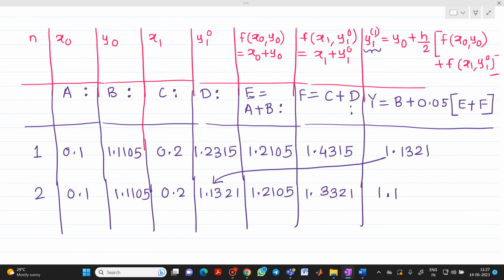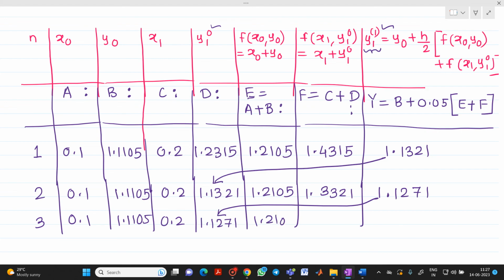At the end of iteration 2, you will get the answer 1.1271. Next, whatever answer of y1 of 1 is there, you use it as y1 of 0 in the next iteration. So it will be 1.1271. If you do it, you will get 1.3271, and here you will get the answer 1.1268.